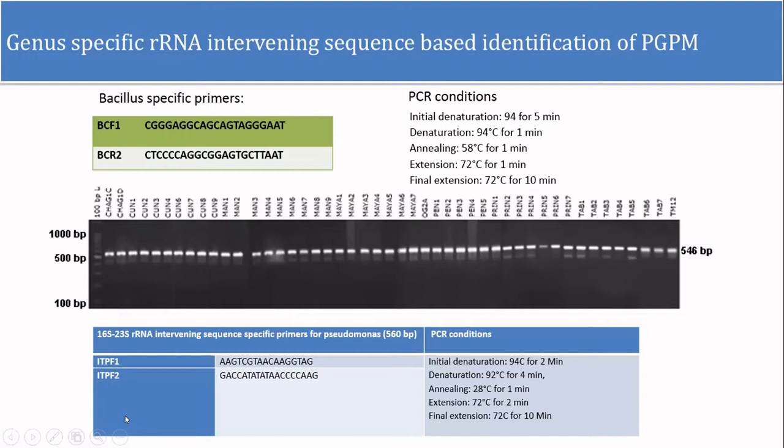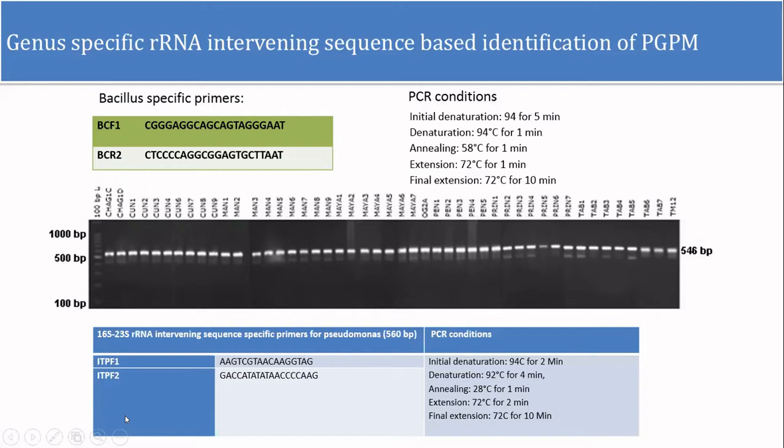In this case, you may find the primers for Bacillus or Pseudomonas, or many of the biocontrol strains, or many of the plant growth promoting microorganisms. And if, based on your initial identification, you have known that this is a Bacillus or Pseudomonas or Acetobacter or some other bacteria, then you could use that specific genus to identify that.